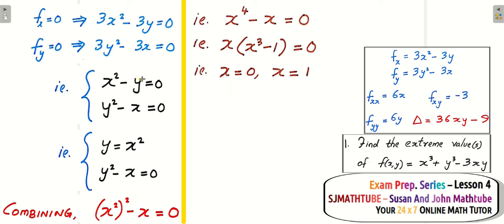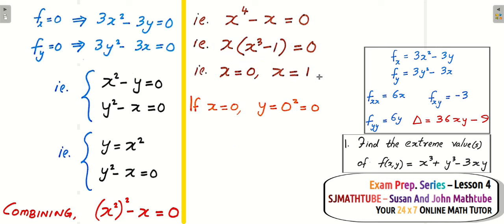So okay, now tell me, if someone tells you a into b equal to 0, so what does it imply? It implies either a will be equal to 0 or b will be equal to 0. Now you have a into b equal to 0. So what does it imply? It means x equal to 0 or x cube minus 1 is equal to 0. Anyway, we get x equal to 0 and x equal to 1.